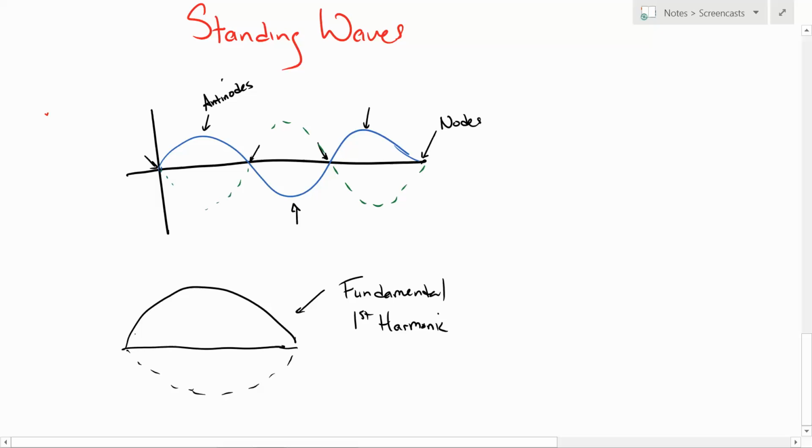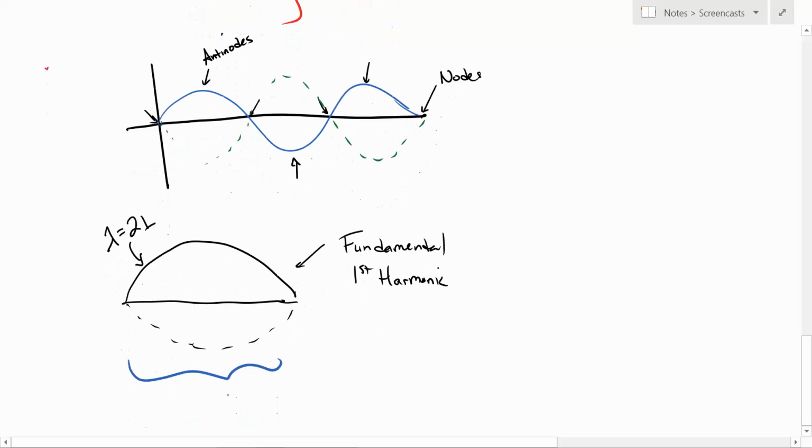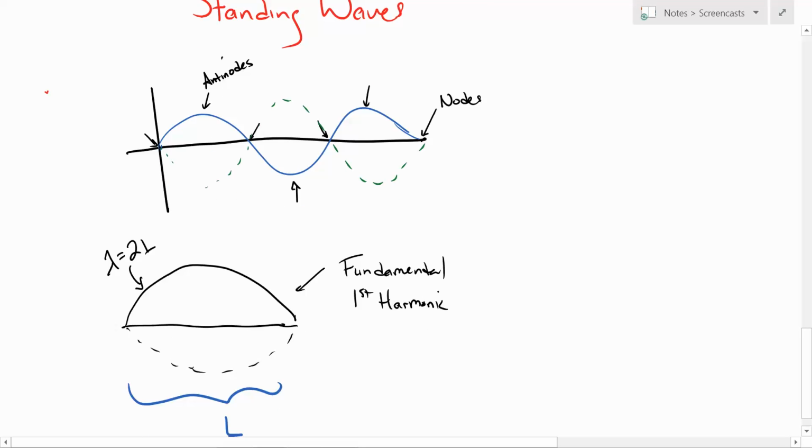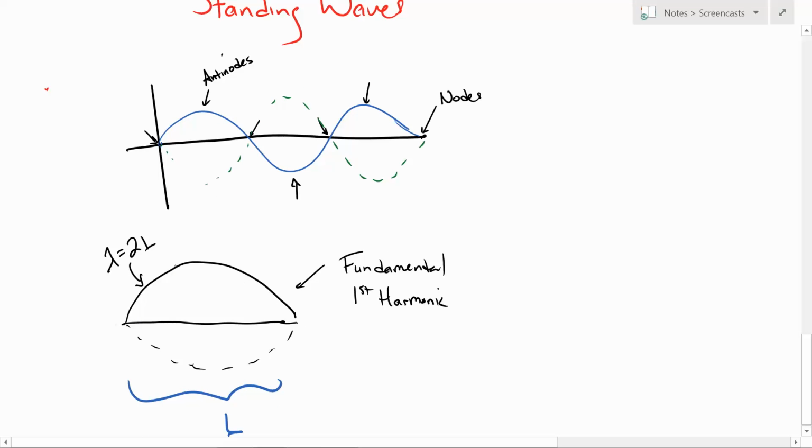This part of the waveform indicates that the wavelength is going to be 2 times L, where L is this distance. Because this is half of my wave, and half of my wave took a distance L, so the whole wave will take a distance 2L.